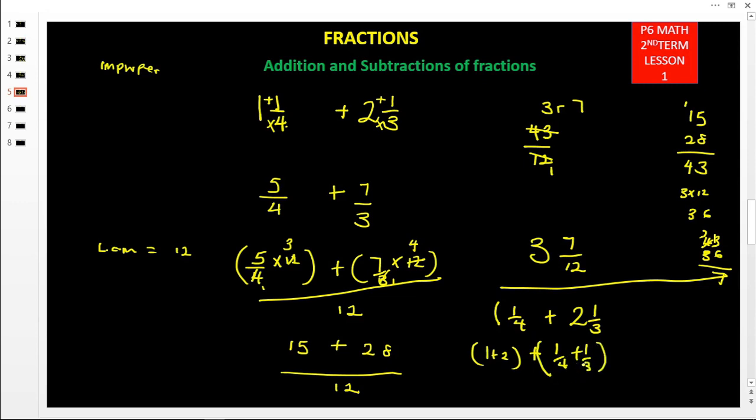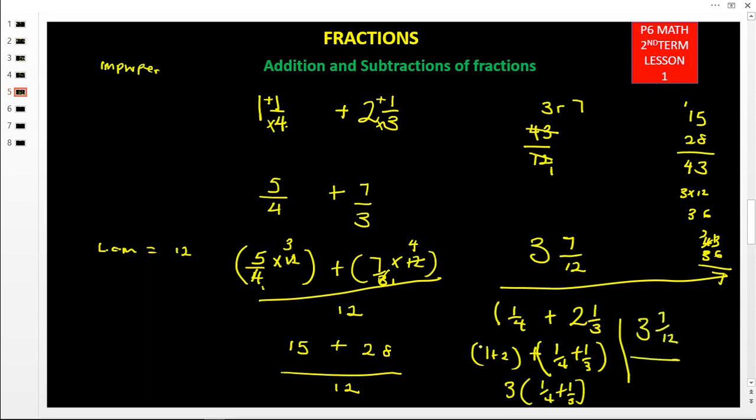So you simplify this one, a quarter plus a third, which gives us 7 out of 12. Then you bring your 3 to it, so we come up with 3 and 7 out of 12.